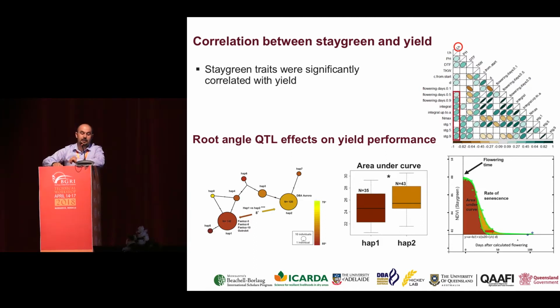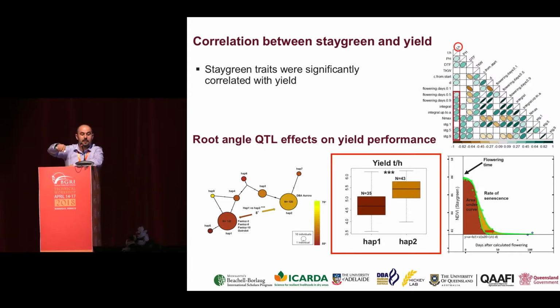Individuals that carry haplotype 1 for the root angle QTL are senescing faster in comparison to the other, which shifts the senescence curve and increases the area under the curve, which in another way is prolonging the grain filling stage, which eventually translates into massive yield differences.